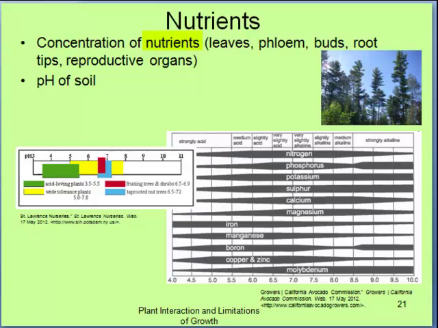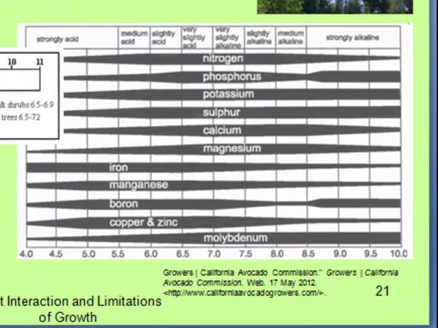The best place for a tree to grow is roughly, so if these are all the different key elements that are required in the soil, and if we look at the elements that are available, for example, we could be talking about nitrogen, phosphorus, potassium, sulfur, calcium, magnesium, iron, and so on, boron to a lighter, smaller level.